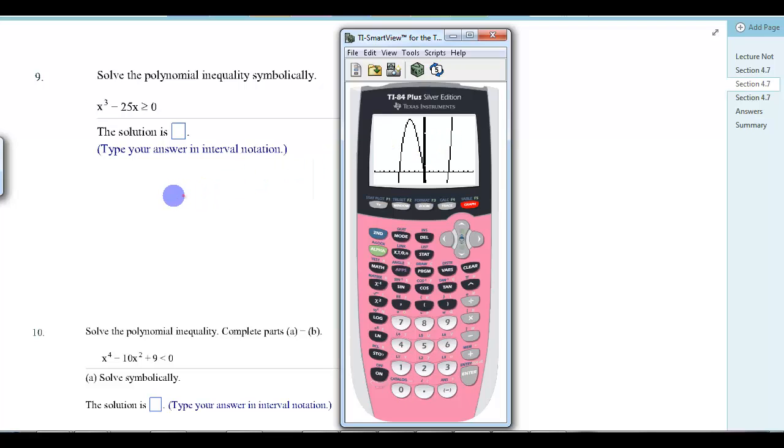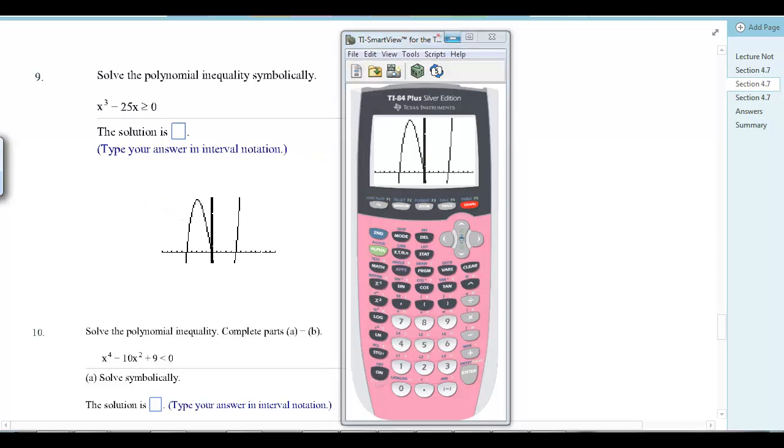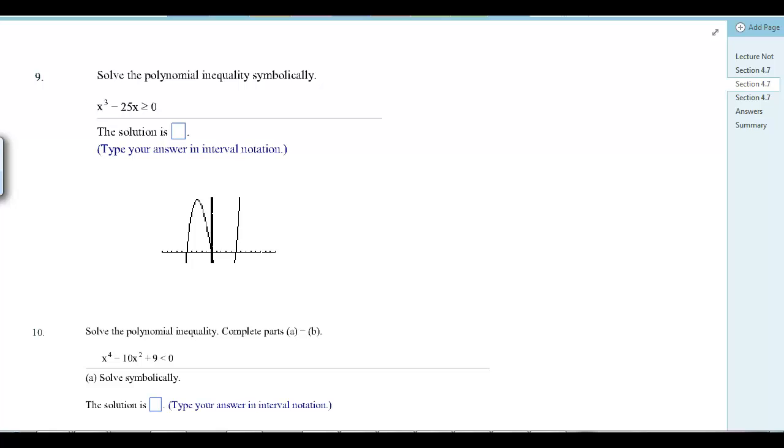Okay, I'm going to bring this picture here. All right, and so we need to find, this is greater than or equal, so we're going to have some closed circle here, here, and here for our intervals. And we've got a positive and we've got negative, and we are looking for where it is greater, so that's these pieces that are above.